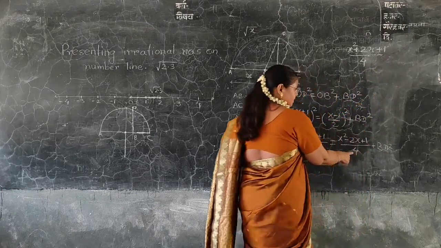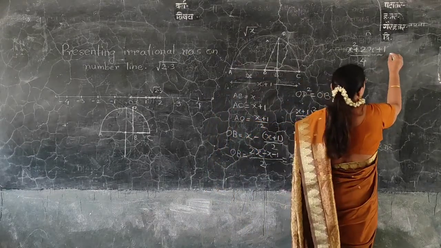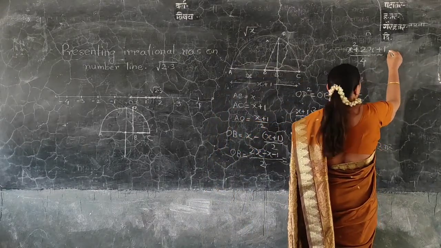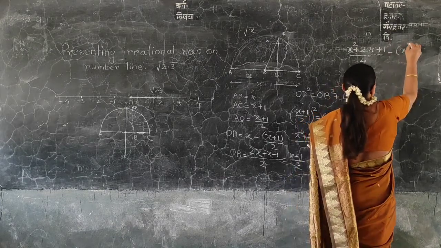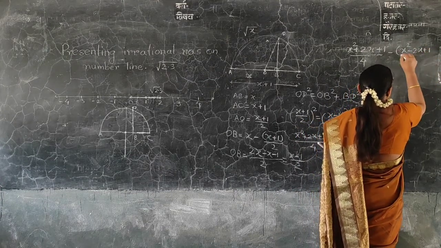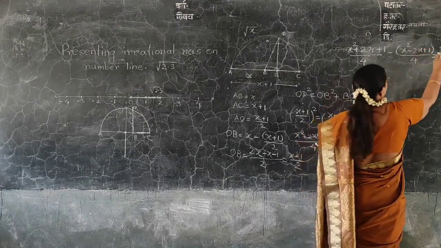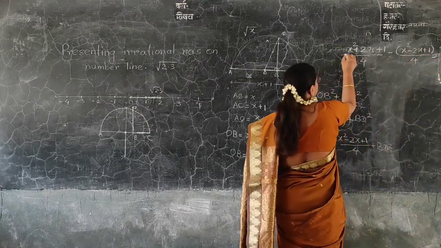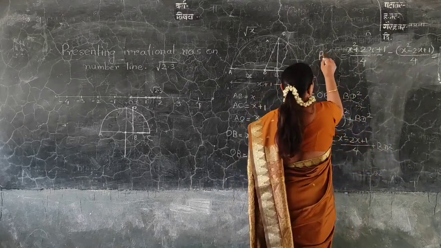And again the denominator is 4. That means the same denominator is there, no issue. So minus (x square minus twice x plus 1) upon 4 equal to, we are going to find out BD square. BD square will remain here. So let us write on this side.